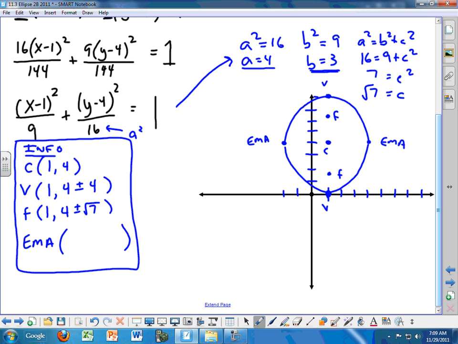And the EMA, or the endpoints of the minor axis, are left and right. So I'd write 1, left and right, 3 units, comma, and it is up 4. That's to find those. And there you have everything that you need inside of your info box that gives information about this ellipse. Of course, the real hard part about the computation is getting it into this proper form here, this standard form, so we can see all those things.